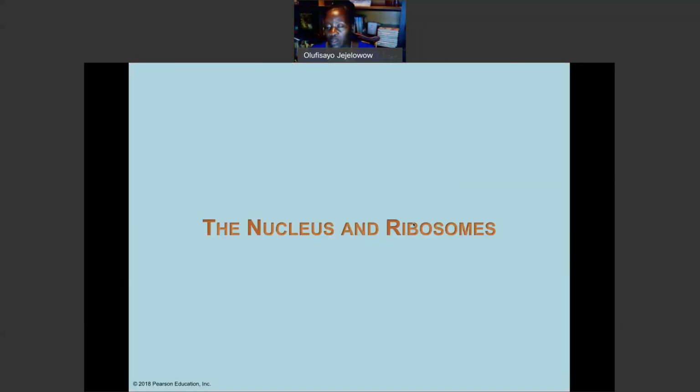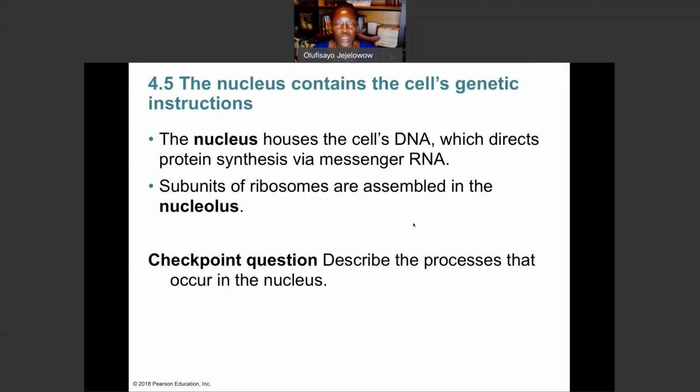Now let's take a look at each group. First, we look at the nucleus and ribosomes in a little more detail. The nucleus contains the genetic instructions for the cell. Because the nucleus houses the cell's DNA, and the DNA directs all activities of the cell, it does so by directing protein synthesis.